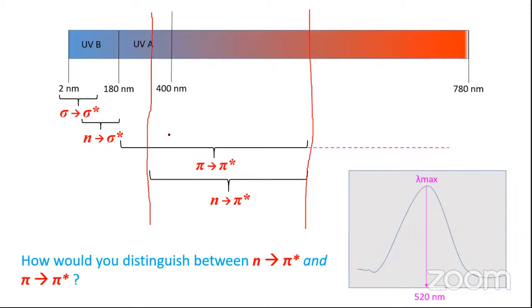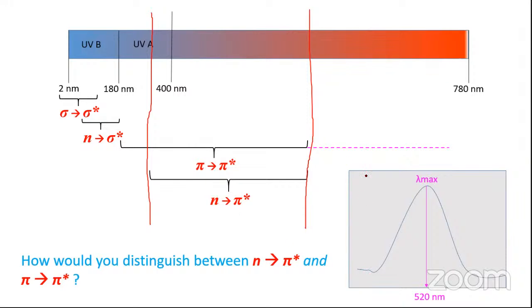That means if any molecule gives you absorption in this region, then it becomes difficult for you to predict whether it is giving absorption only due to pi to pi star, that means only due to its existing double or triple bonds, or is it because there is an additional n to pi star transition also happening.